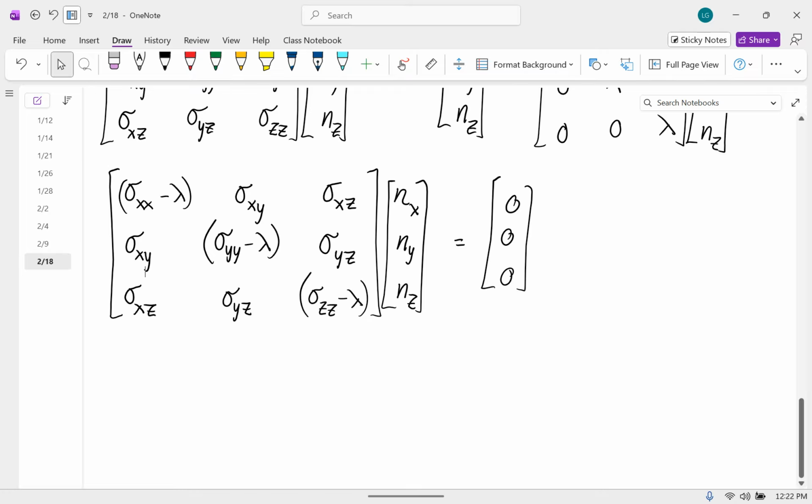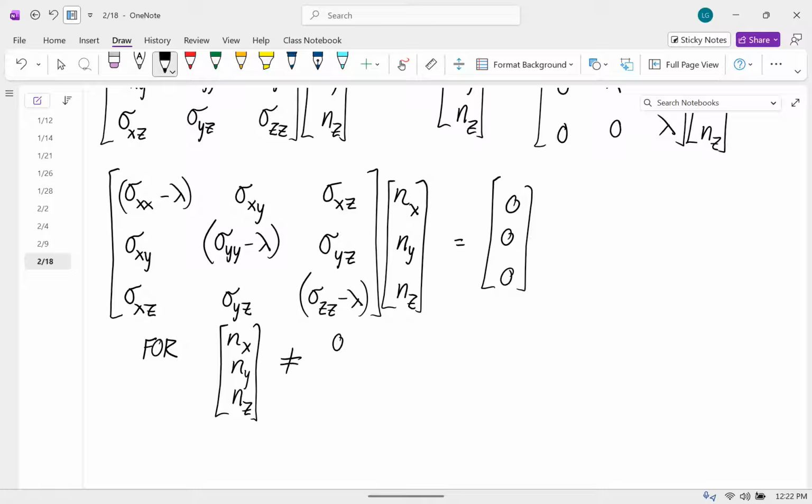And for nx, ny, nz to give an answer that's not just the 0 vector, we need this matrix to be non-invertible, because if you can multiply it by its inverse, you just get an answer of zeros.